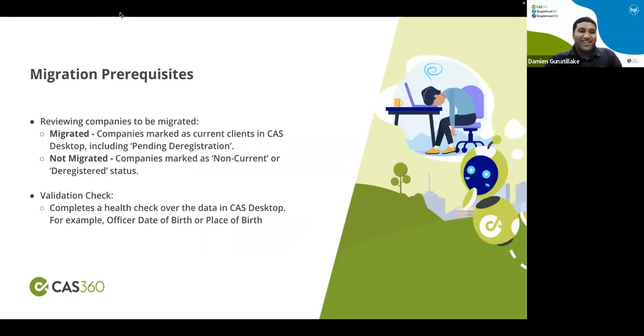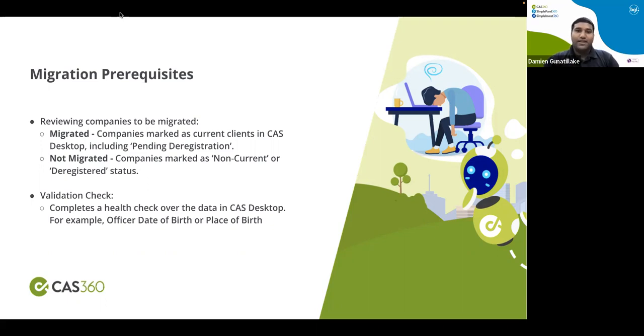Perfect. Thank you, Adriana. Hi, everyone. So going to break this up into a few sections in terms of what happens before the migration starts, what happens during, and also what to be mindful of post-migration as well. So there are a couple of things to be mindful of and to complete before to get migration ready. So the first thing is to review the companies in your CAS Desktop license.